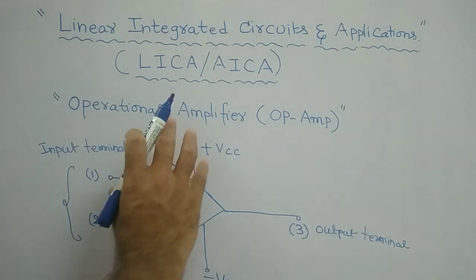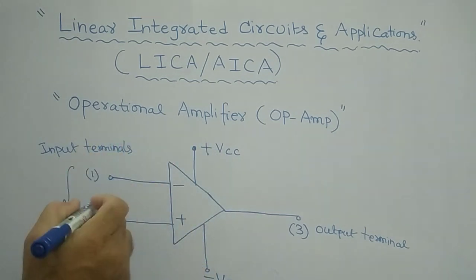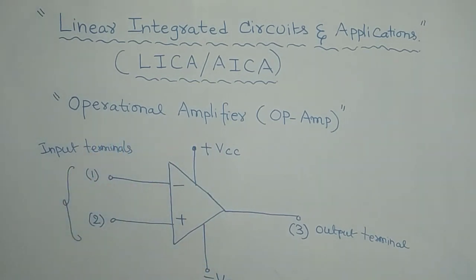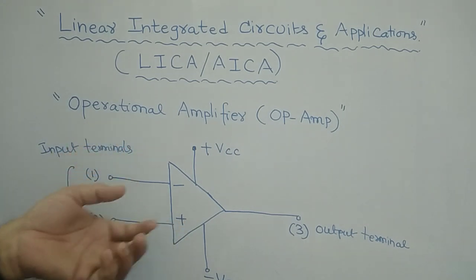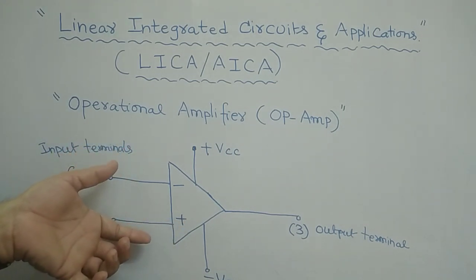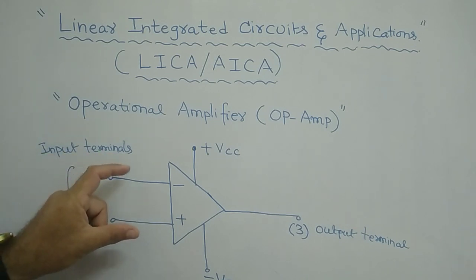The operational amplifier amplifies the small signal. That is one important parameter of this operational amplifier, and most of the time it takes the difference signal, or the difference between the input signals.